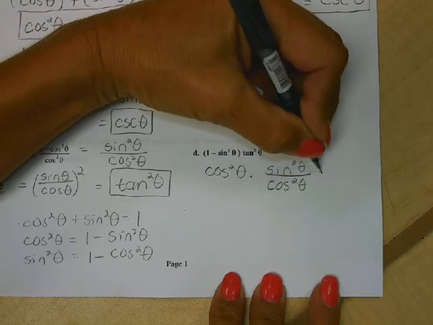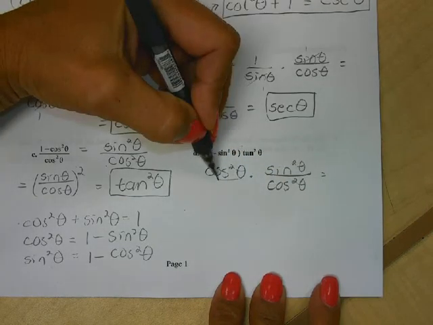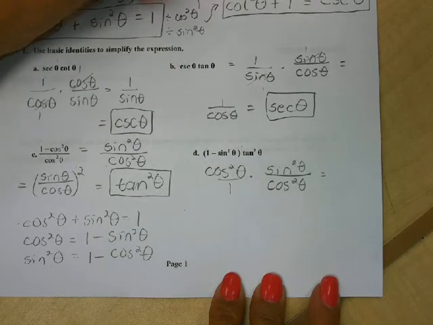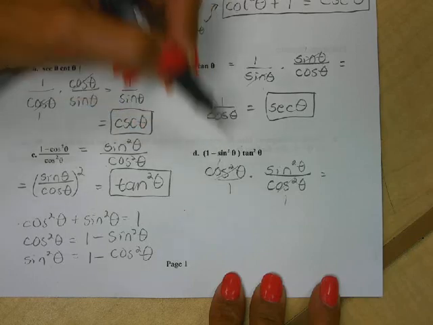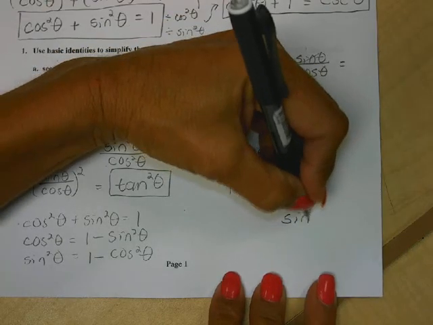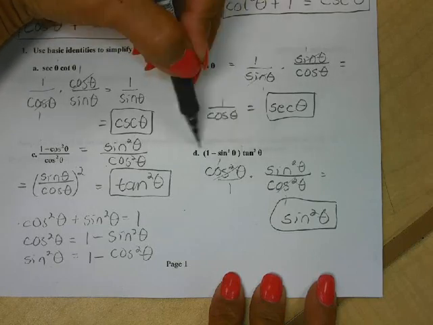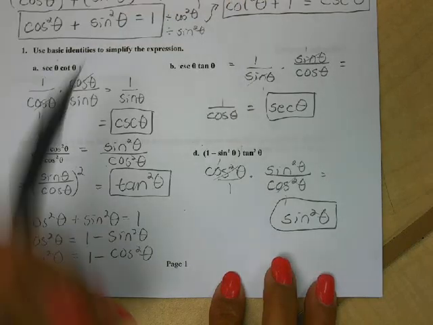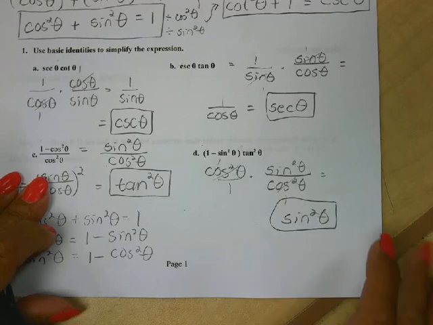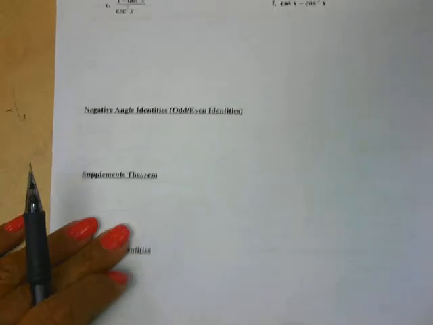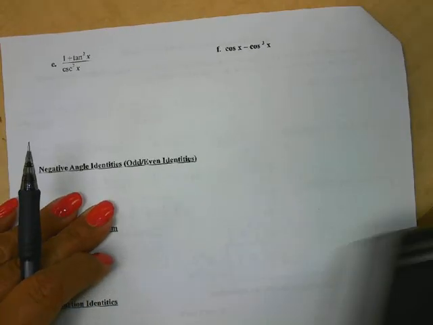A nice move to make is to use my tangent identity. We know that the tangent squared of the angle would be the sine squared of the angle divided by the cosine squared of the angle. This is over 1. When we multiply, we can do the reduction before we multiply across. These will reduce down, and I end up getting sine squared of theta. So this original expression is algebraically equivalent to sine squared of theta.